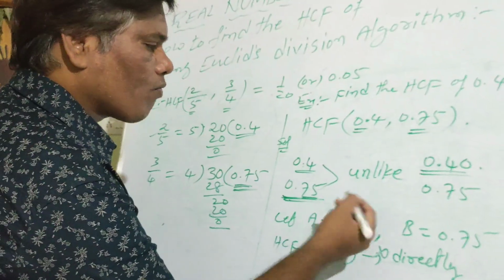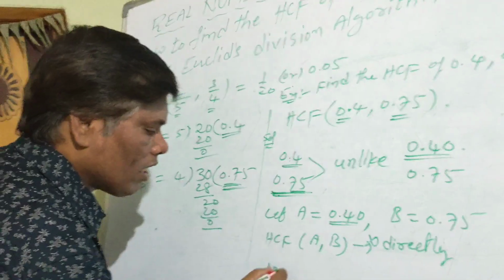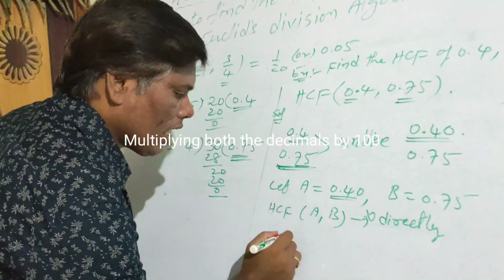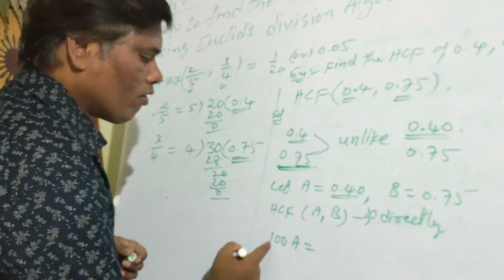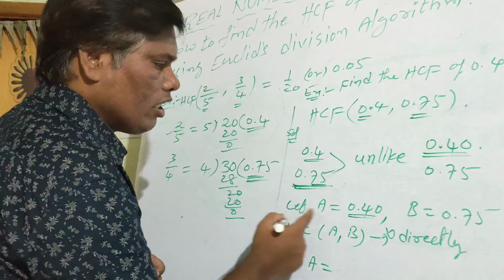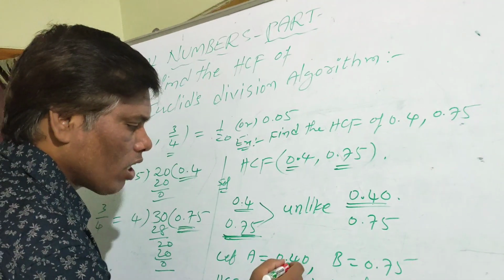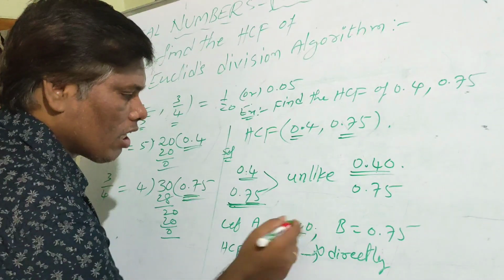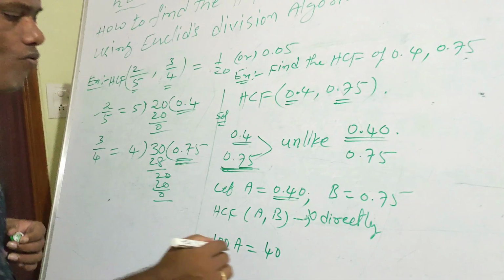Here after the point 2 places we have, that's why I will multiply this decimal number by 100. Here a is equal to 0.40, so I will multiply 100 into a. If you multiply this number with 100, the point moves 2 digits forward, that means the point will come after 40. That means we will get 40. 100a is equal to 40.